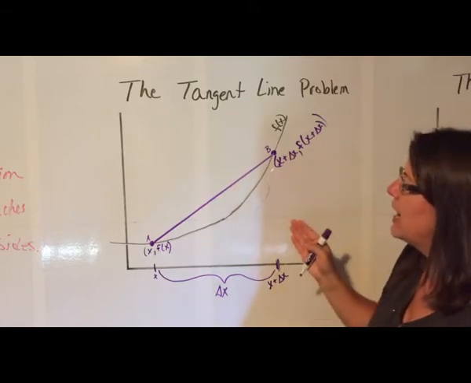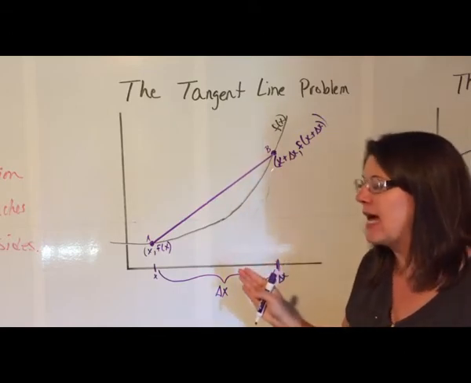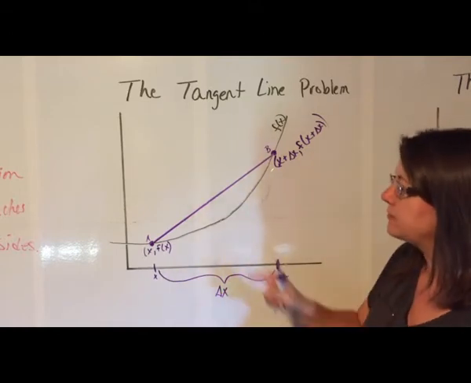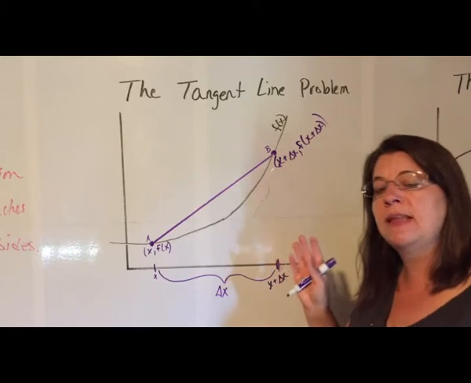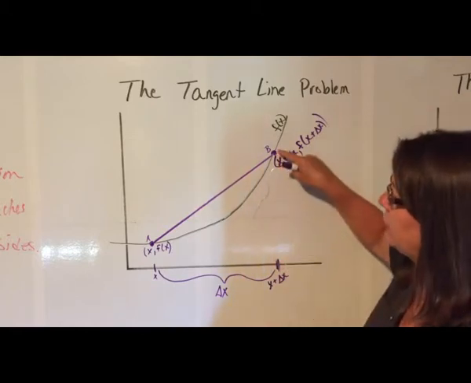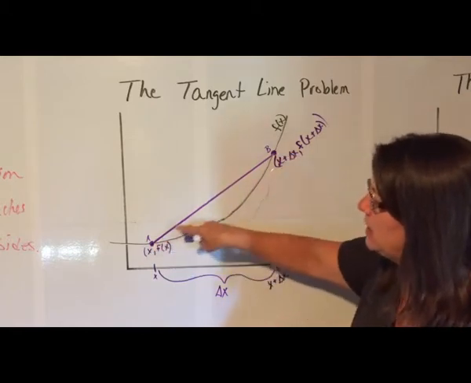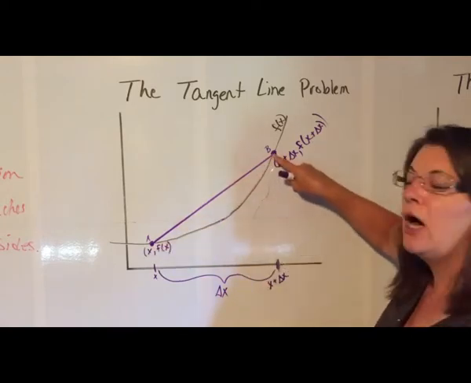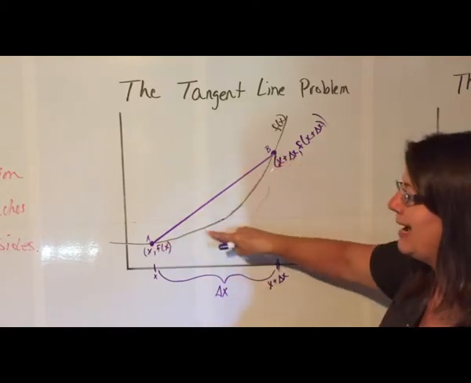If we want to find the slope of a tangent line at a specific x value on our function, then that's going to be the limit of the slope between your secant lines as your b value approaches your x value.